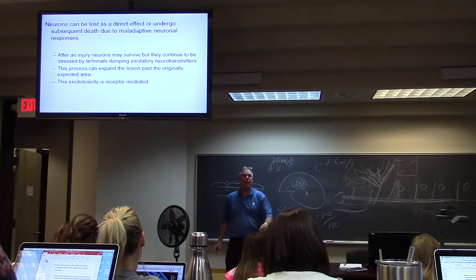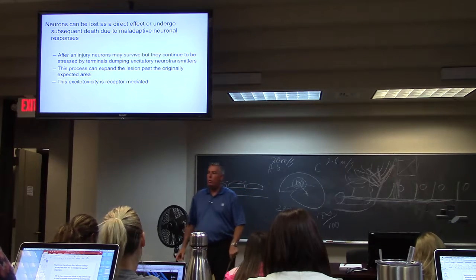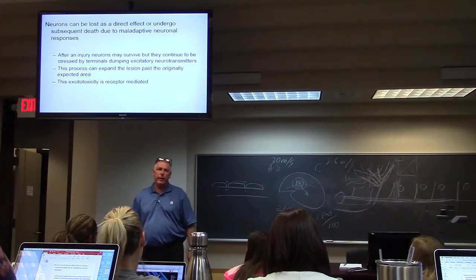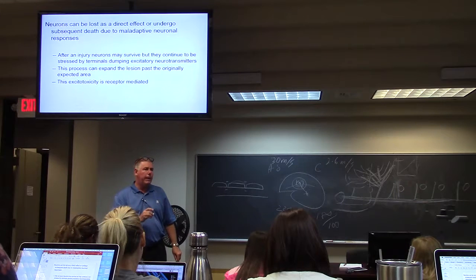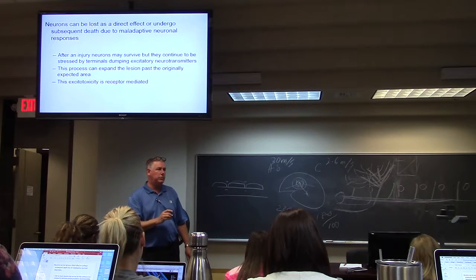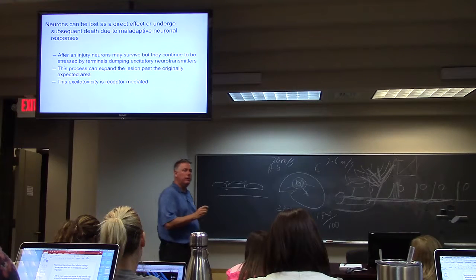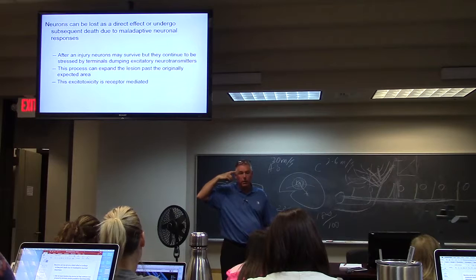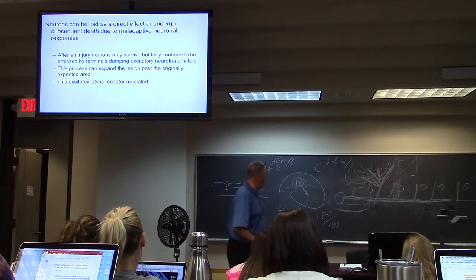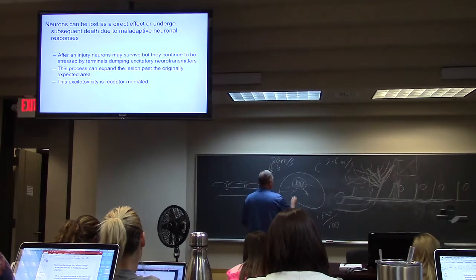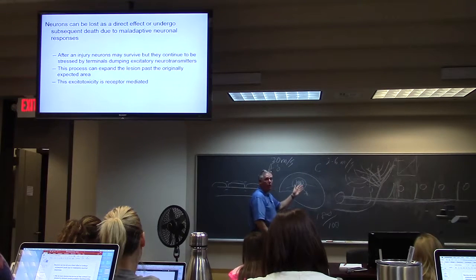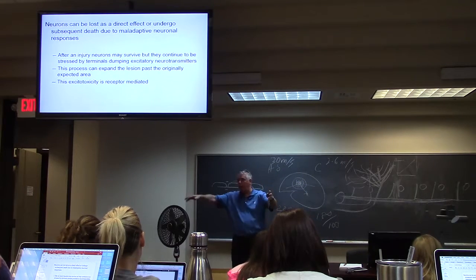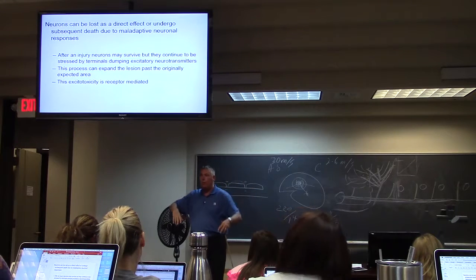The second thing here is that when you start killing neurons, they dump their neurotransmitters. The predominant neurons of the cortex are excitatory. If all of a sudden you have an area of deadness with leakage of these excitatory neurotransmitters out into the milieu, what are they going to do?